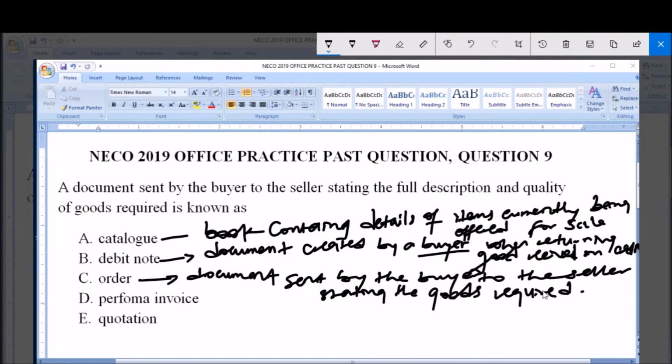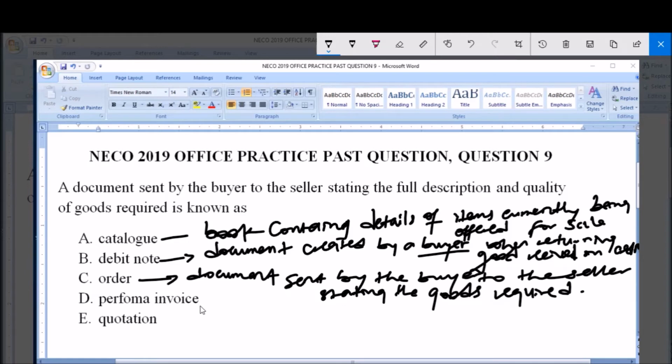Now this order is a simple document that is created by a buyer. Now this order actually states the full description and quality of goods that is required by the buyer, and this document order is actually sent to the seller by the buyer.